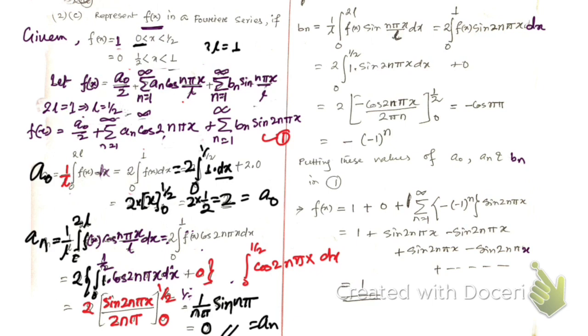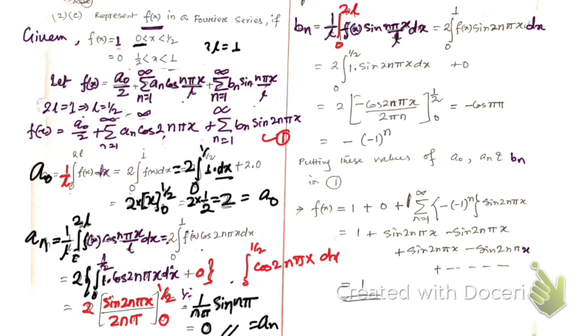Now similarly we can find the value of bn as well. So bn is 1 by L, integration from 0 to 2L of f of x sine n pi x by L dx.